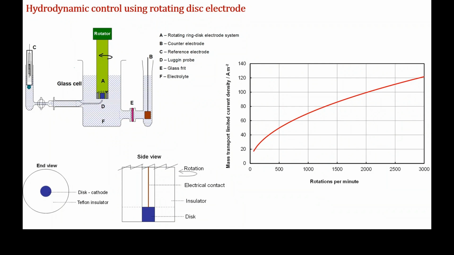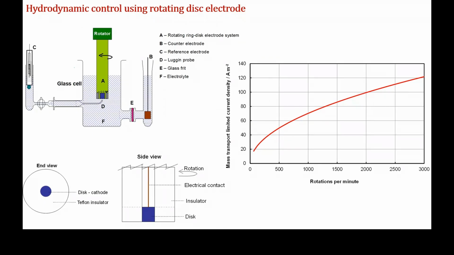You can polish that to a nice smooth finish, and basically you're always having the same electrode area for the investigations. When you look at the side view, you've got the rod embedded in the sheath, and then an electronic contact going all the way to the top so that you can make a crocodile clip connection.